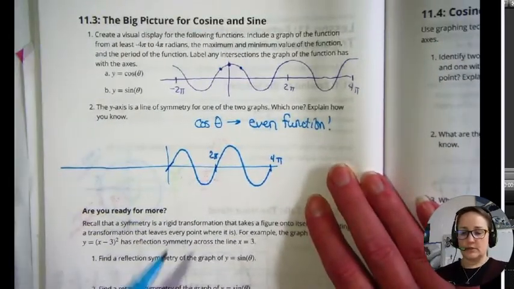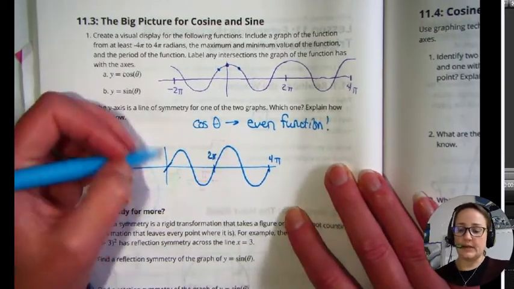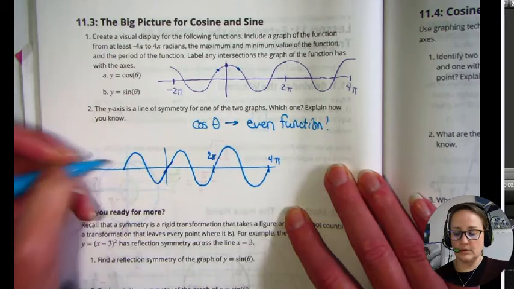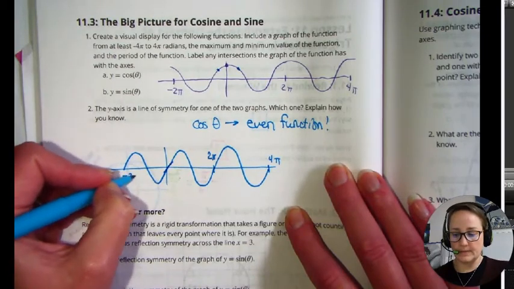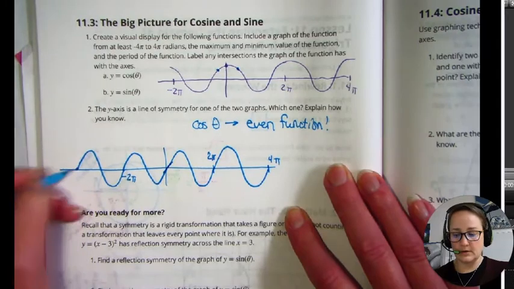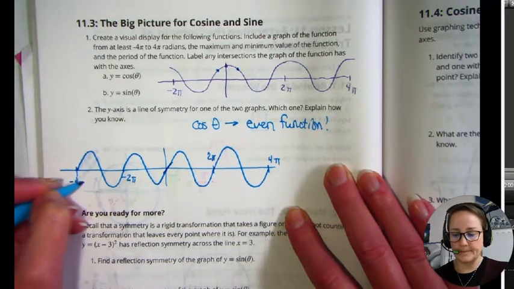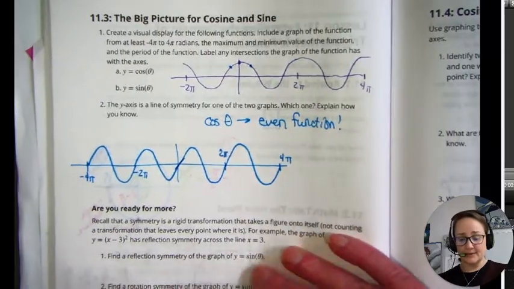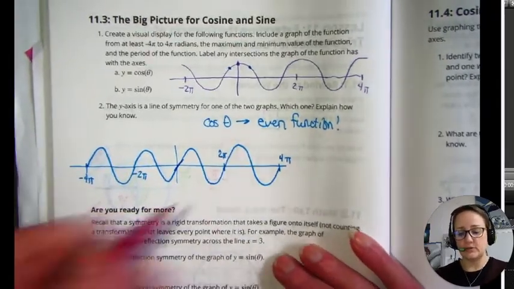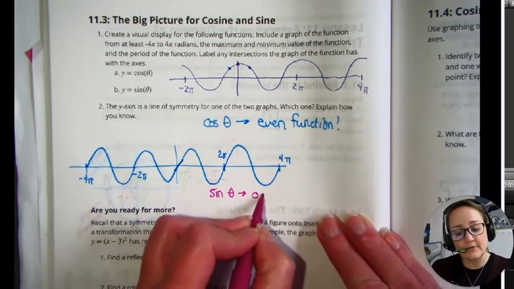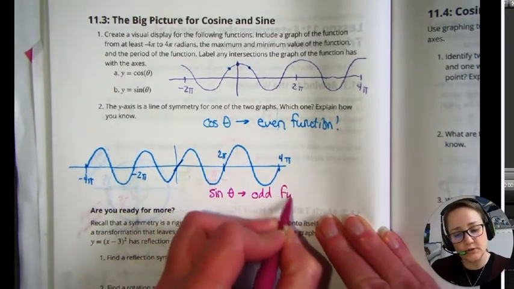We can also complete the same thing with our negative angle rotations. Down, up, down for a negative 2 pi, down, up by a negative 4 pi. And what we see here is that this graph, the sine function, is an odd function. It has rotational symmetry.